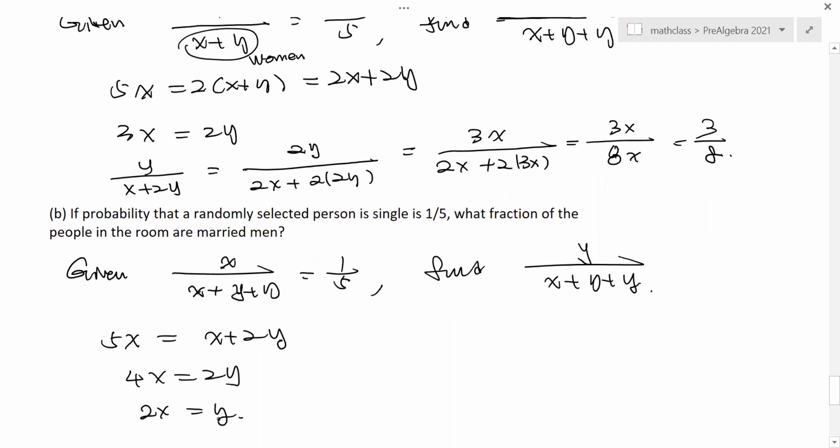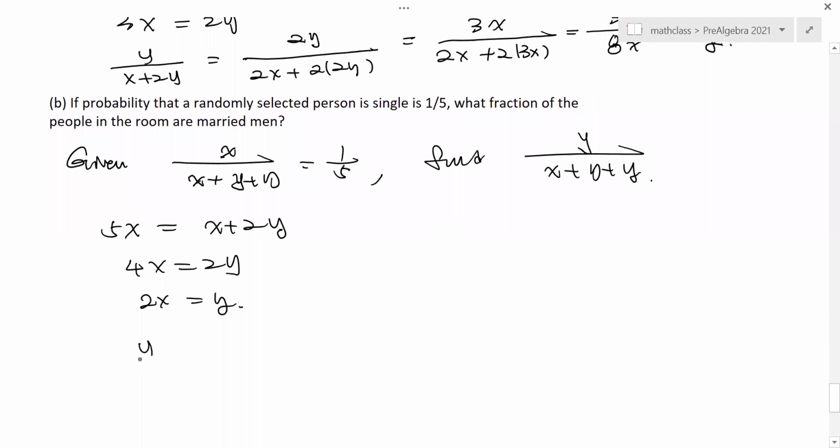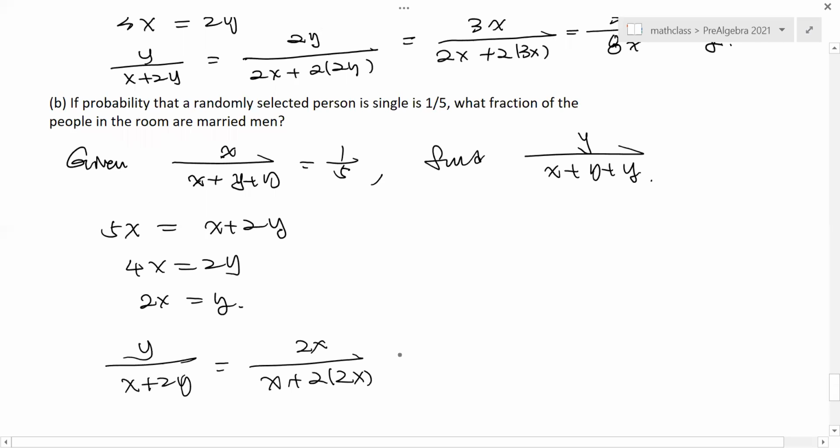Then y over x plus 2y: you replace y by 2x. The numerator is 2x, and the denominator is 5x, right? So the answer is 2 over 5. That is another ratio. All right, so we solved that problem. Great.